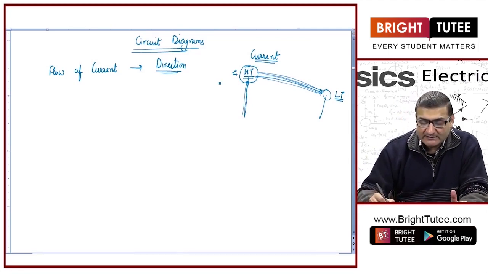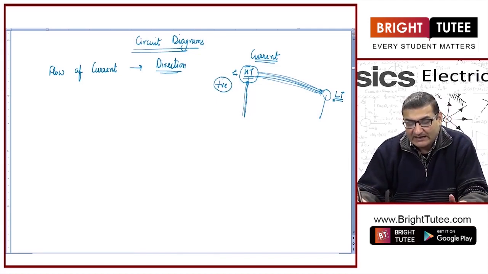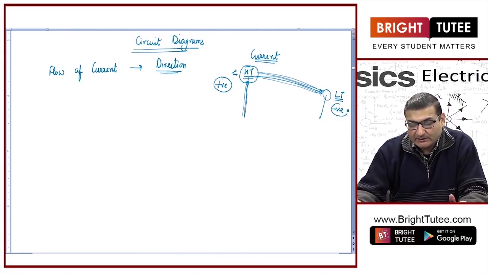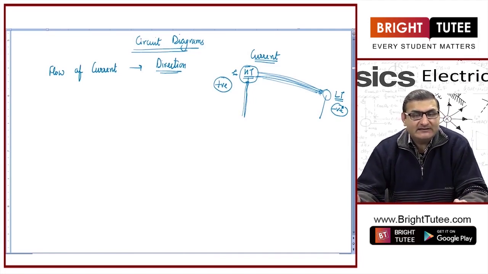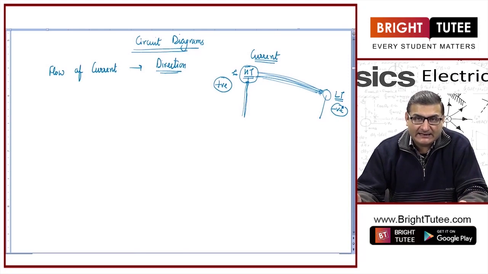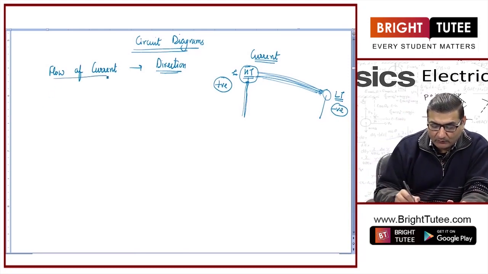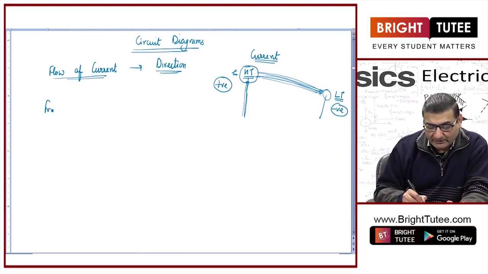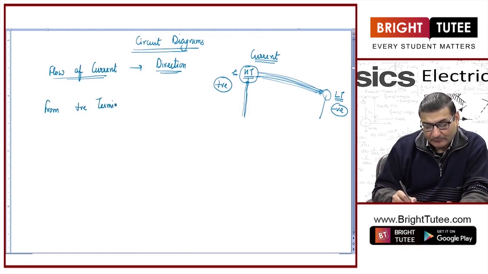So we always thought that it is the positive terminal and the lower terminal was the negative terminal. So we always took the direction of flow of current to be from the positive terminal to the negative terminal.